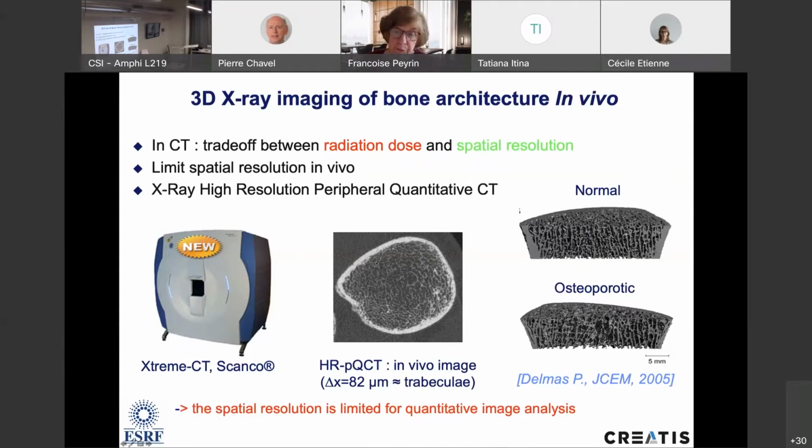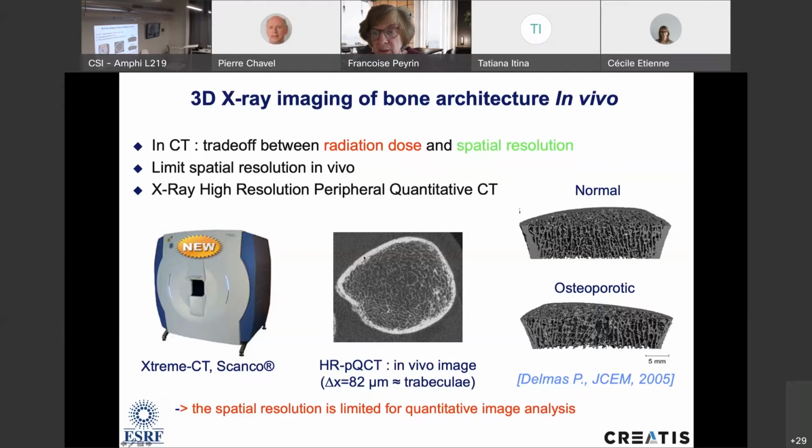the fine microstructure of bone in vivo, and for this we have new systems that are called high resolution peripheral quantitative CT that allows to acquire peripheral bone at high spatial resolution, which means about a spatial resolution of 100 micrometer, when the spatial resolution of the standard clinical system is more around 1 millimeter or 0.5 millimeter.